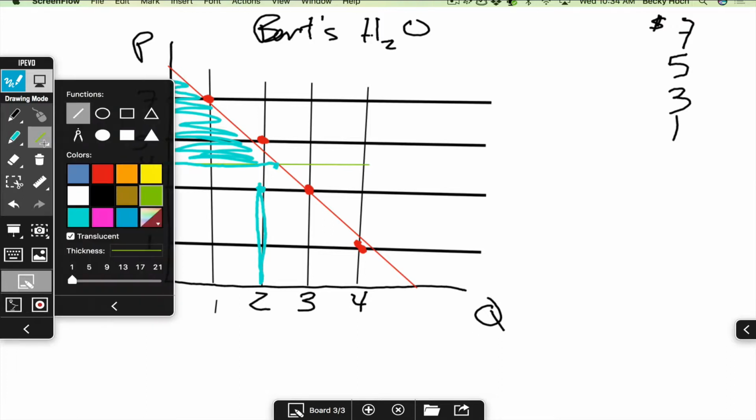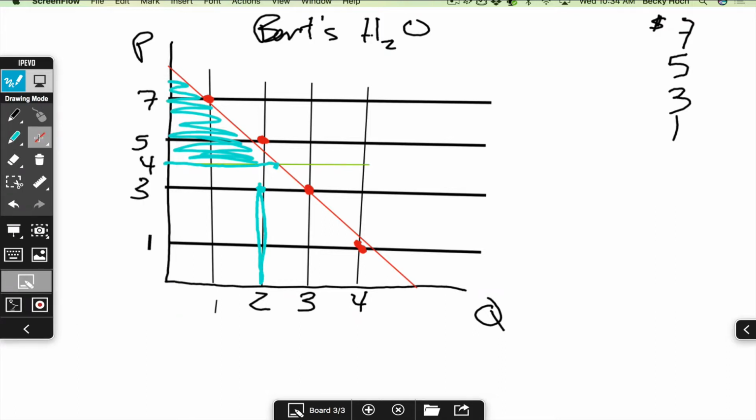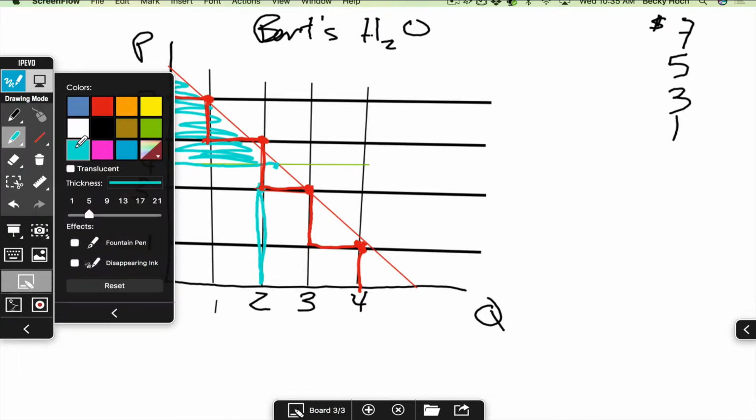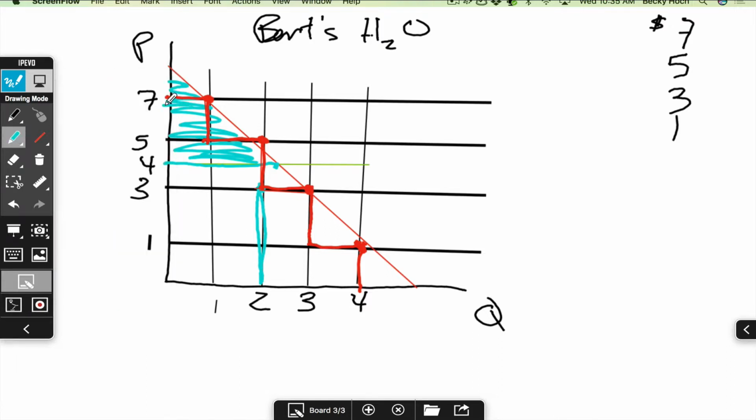No. So let's go ahead and do our jaggedy line one for you. So where's our triangle? Still right here.